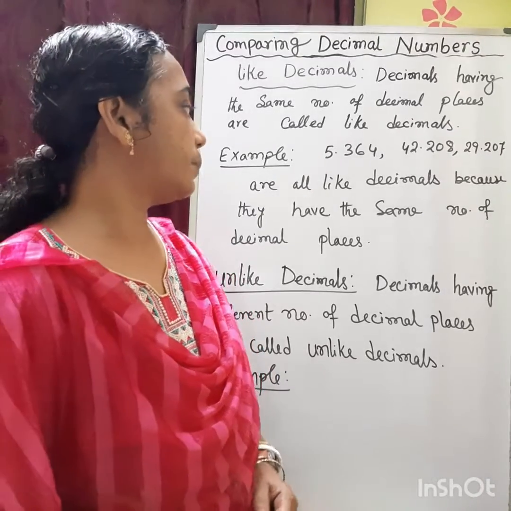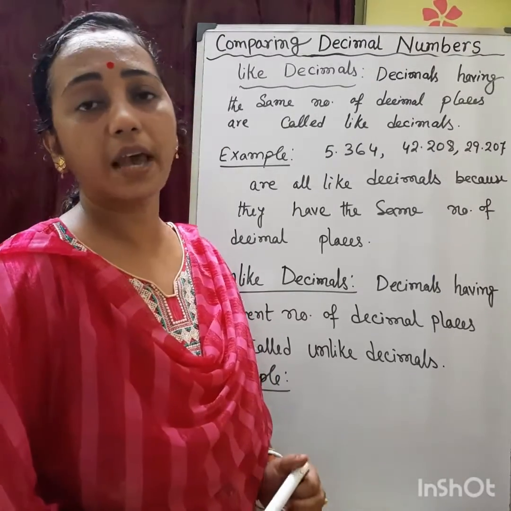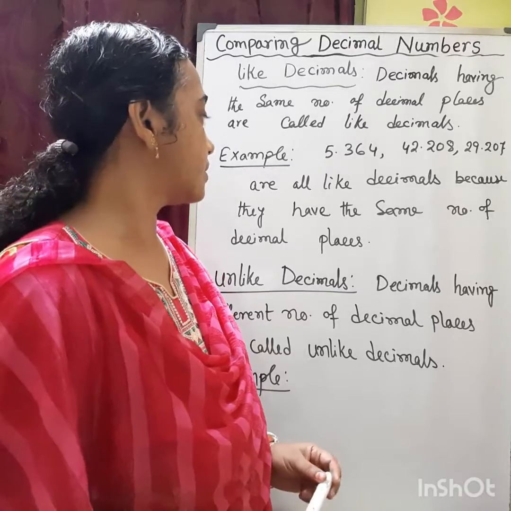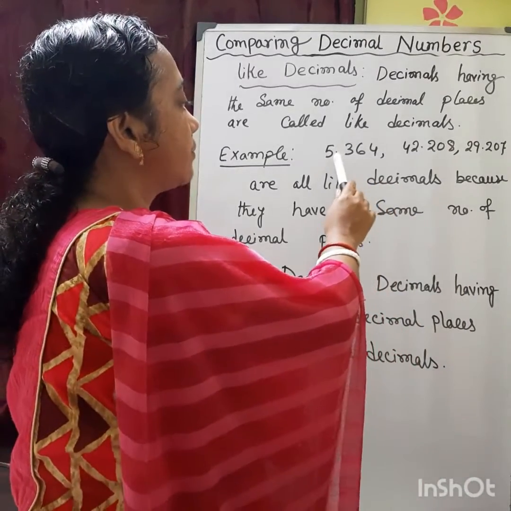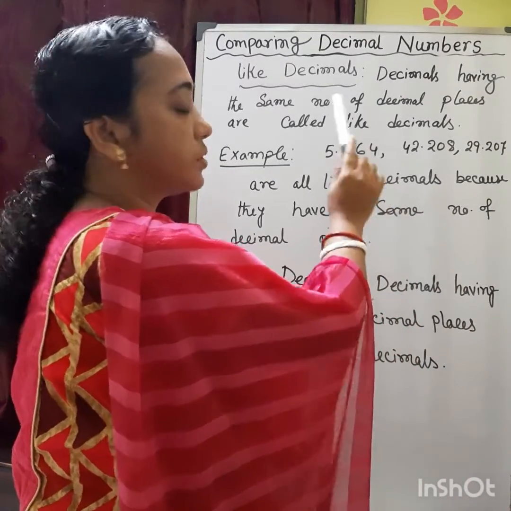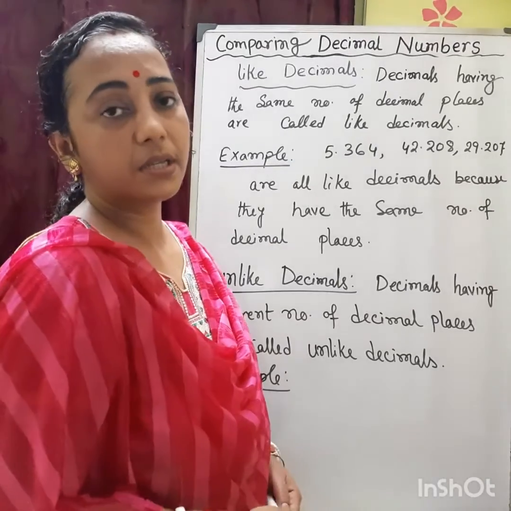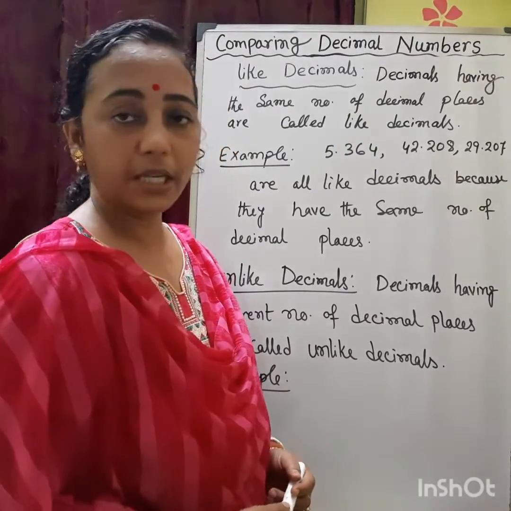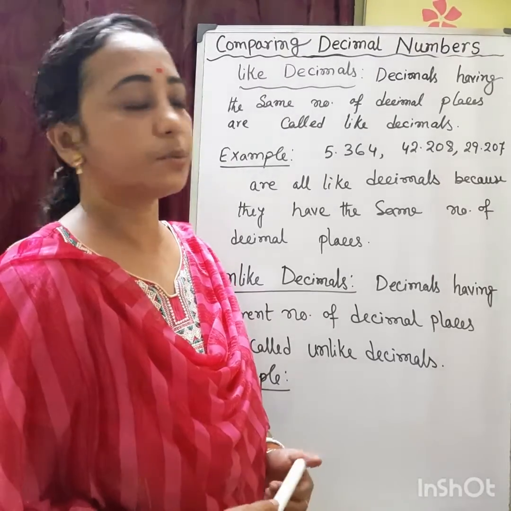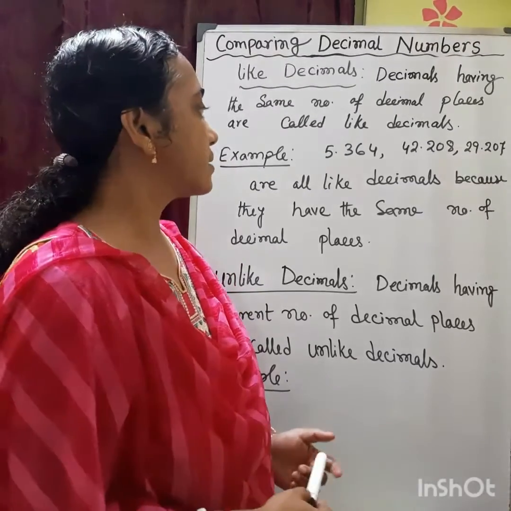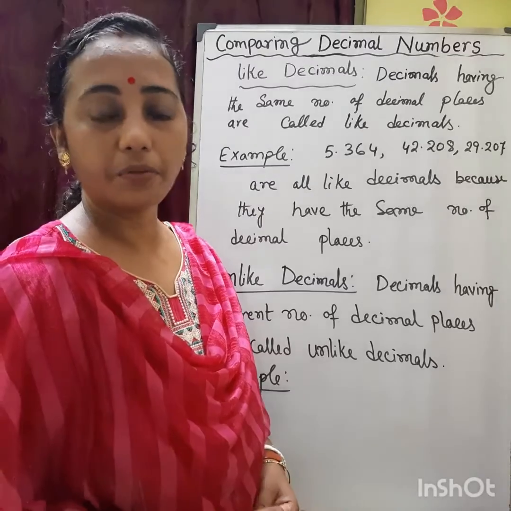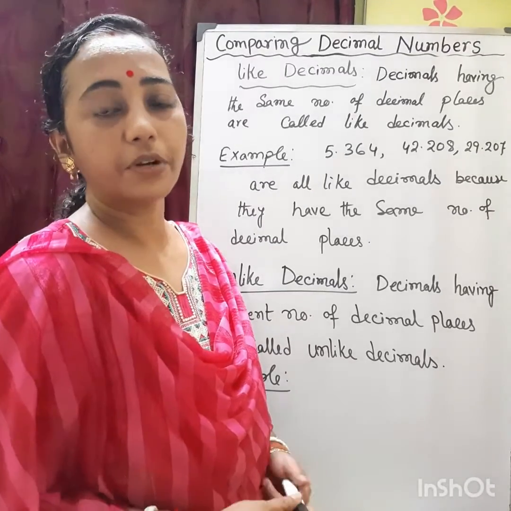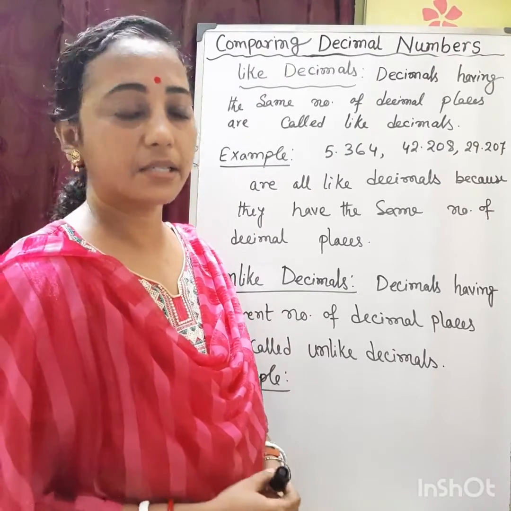These are all examples of like decimals because they have the same number of decimal places. Let us see the first example: after the decimal point, 1, 2, 3, there are 3 digits, so it has 3 decimal places. Similarly, the second one also has 3 digits after the decimal, so 3 decimal places. So these examples have the same number of decimal places, and this type of decimal numbers are called like decimals.